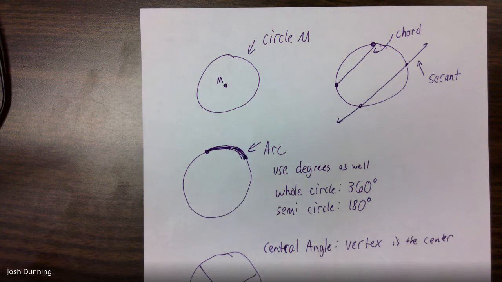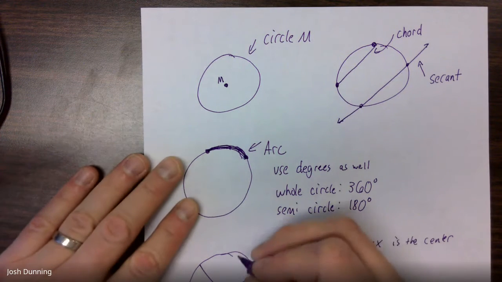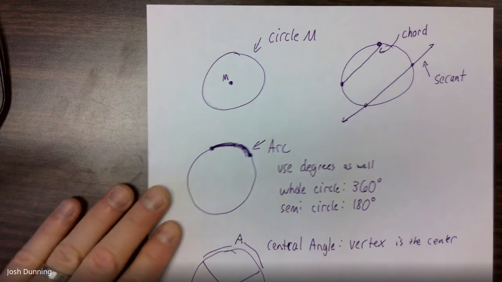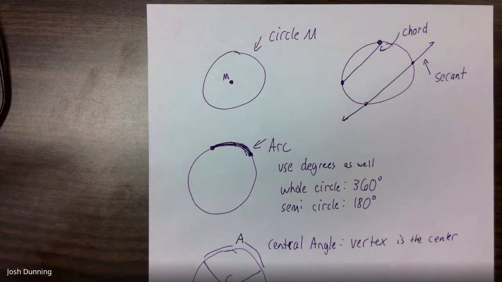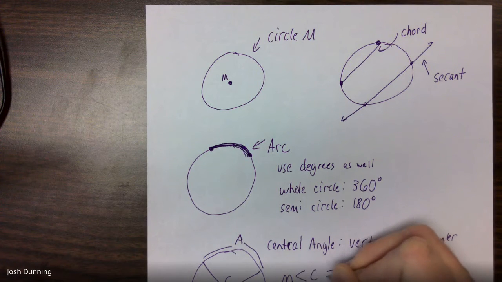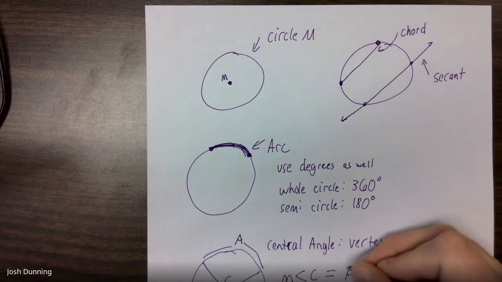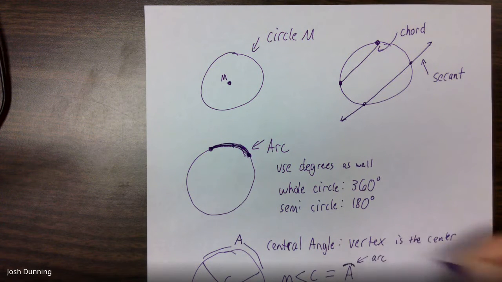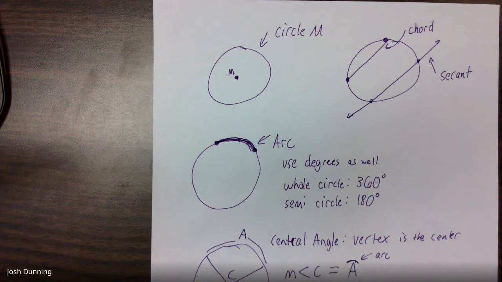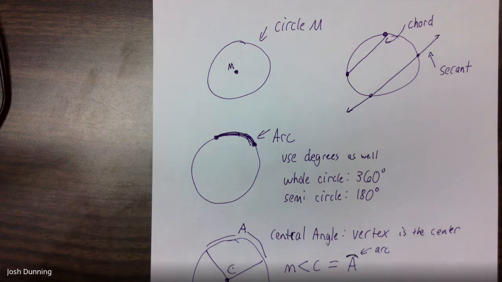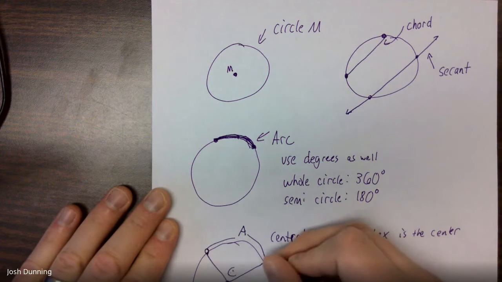The way that this works, let's say this is called arc A, and we'll name this angle C for central angle. The measure of angle C is equal to arc length of A. And sometimes you'll see that for arc, a little curve over the top. So if you have a central angle, the angle here is equal to the number of degrees in the arc that it forms with the endpoints here.